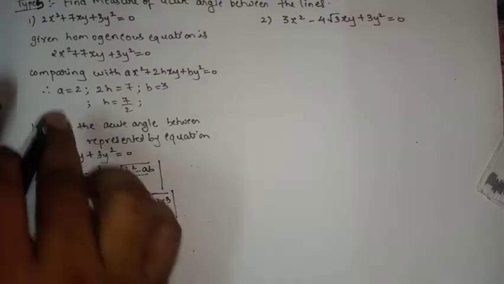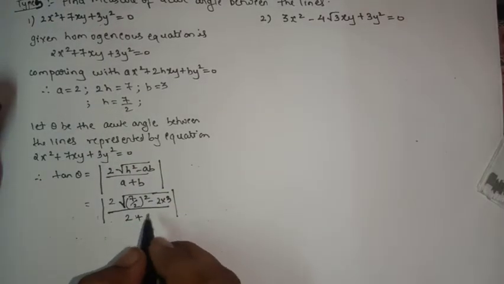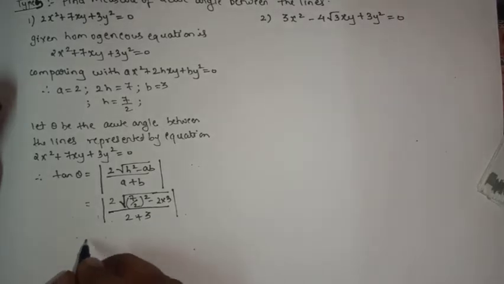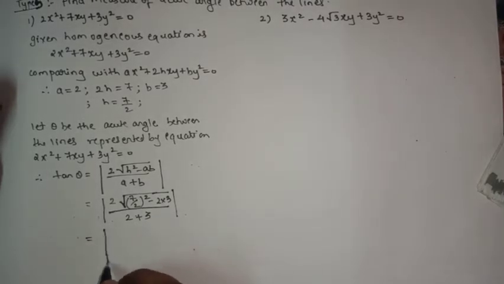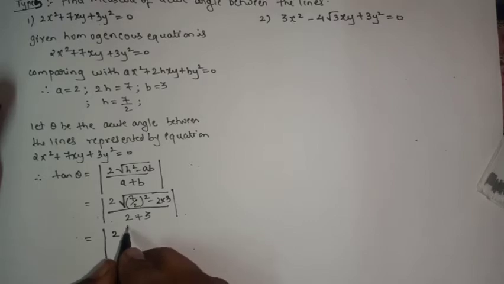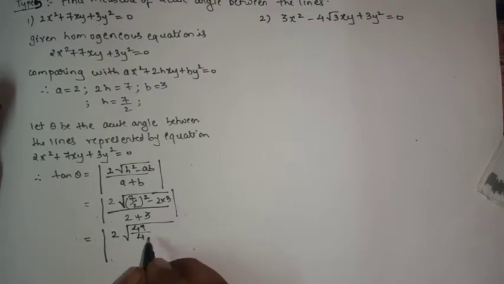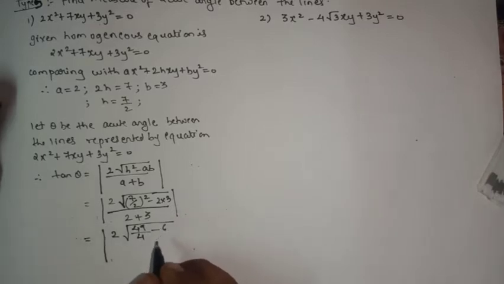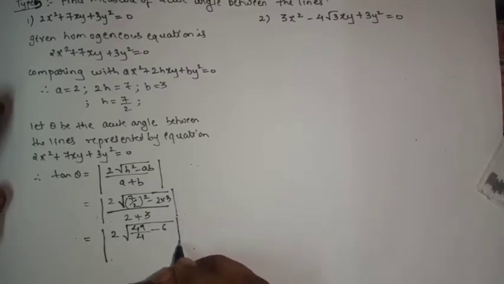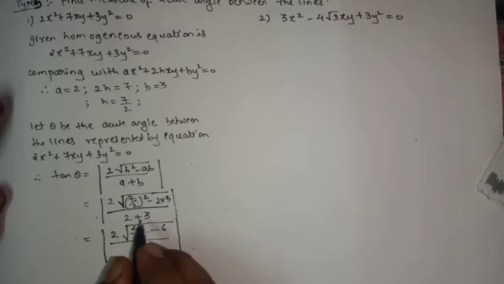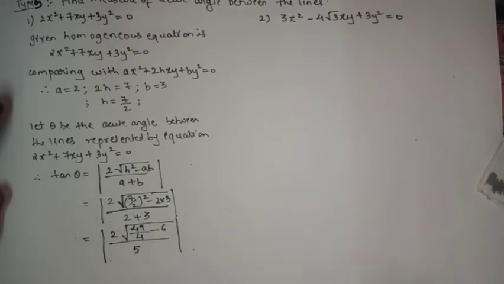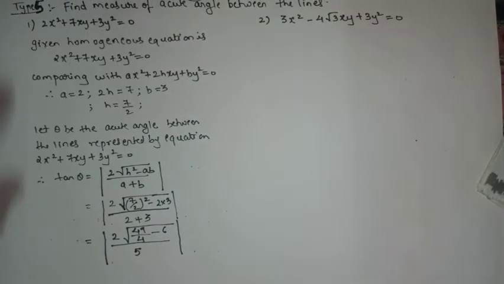So what is a? 2. Plus b is what? 3. So in the next step you will get 2 root 7 square is 49 and 2 square is 4, minus 2 threes are 6, upon 2 plus 3 is 5. Yes or no?